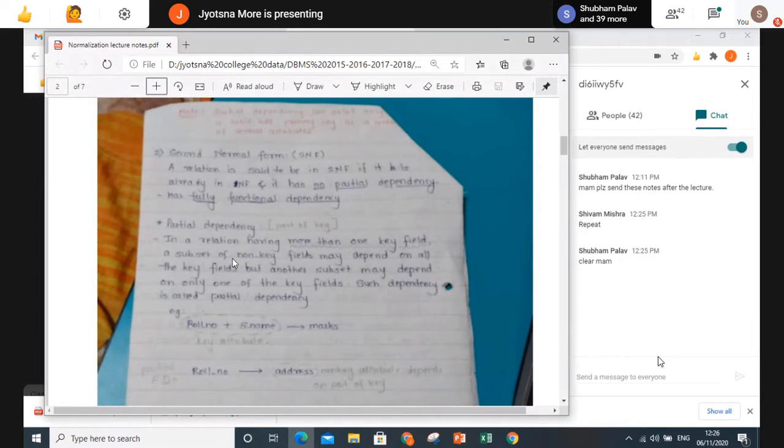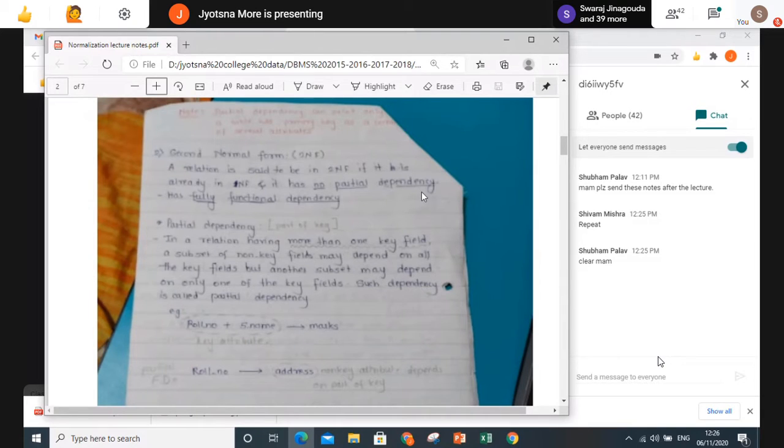Okay. So when you want to check for 2NF, what you have to do is first check whether it is in 1NF or not. Once that is done, you have to check whether there exists any partial dependency in that relation. If it exists, then you have to say it is not in 2NF.